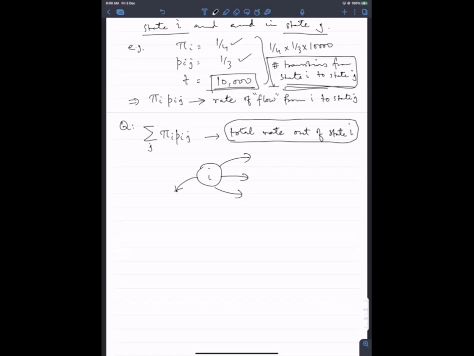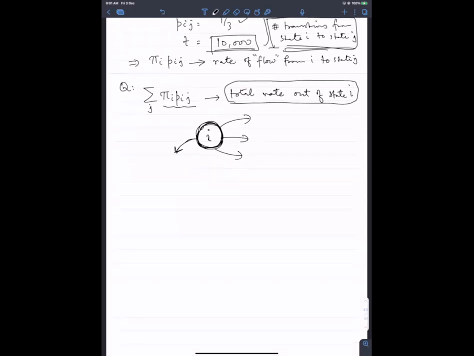So there is a certain probability you found yourself in state I multiplied by these transition probabilities of going to state j. So that will give you the flow rate out of state I.